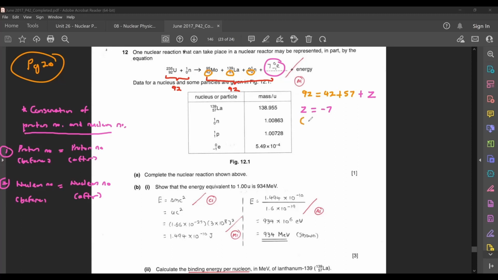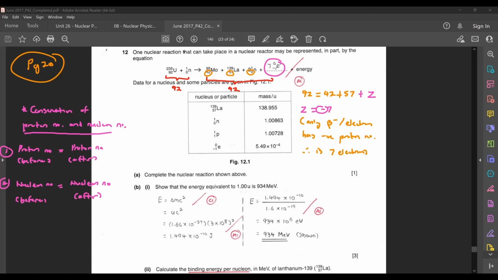But you'll notice that only beta minus, or electron, has negative proton number. Therefore, it is 7 electrons. Only electron would have a negative proton number, so you know already this is talking about electron. And in your case, you must have 7. So it's 7 electrons here.